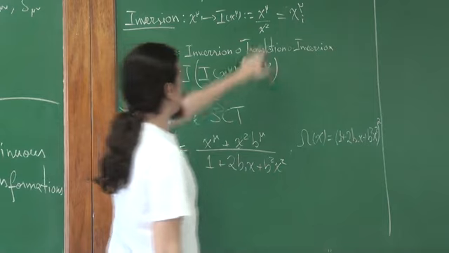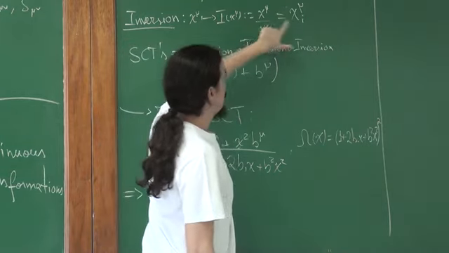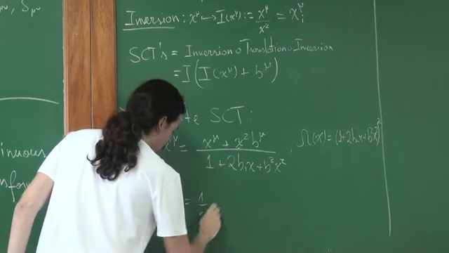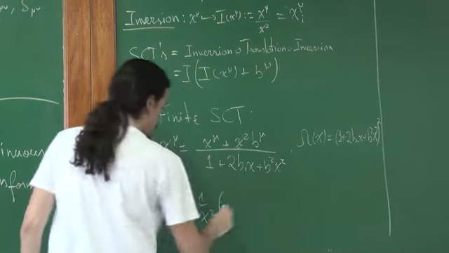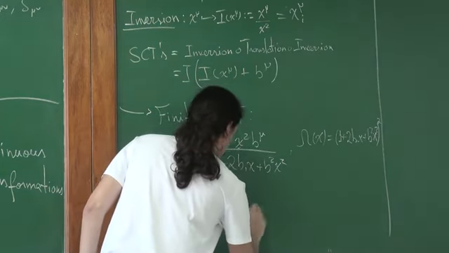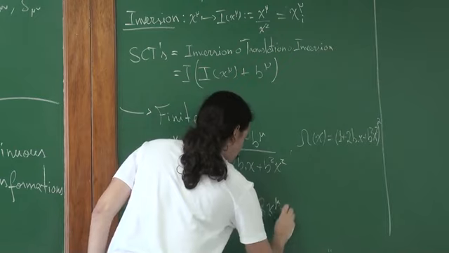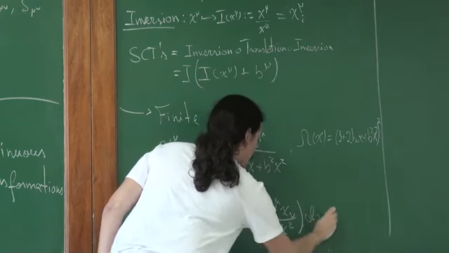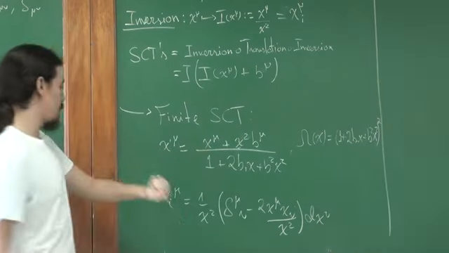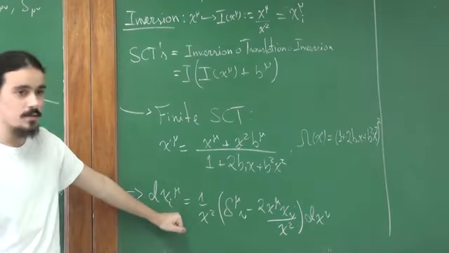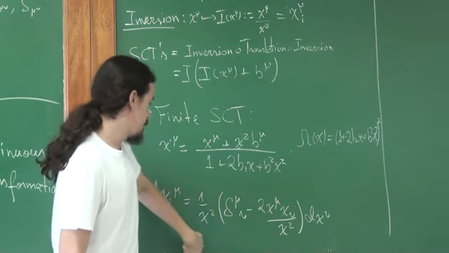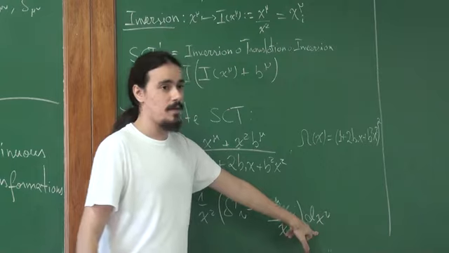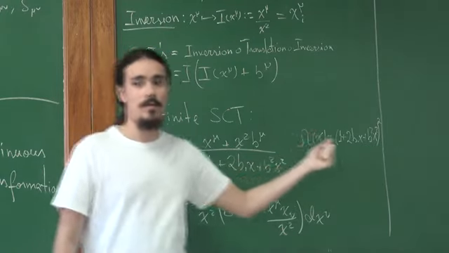You just take this and take the differential. If you go through the computation, you see that this furnishes this expression. So the differential of the inverse is given by this factor here times the differential of the actual coordinate before inversion.